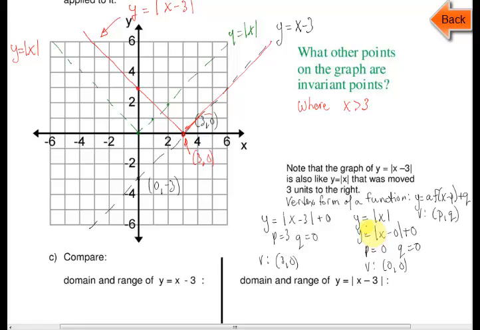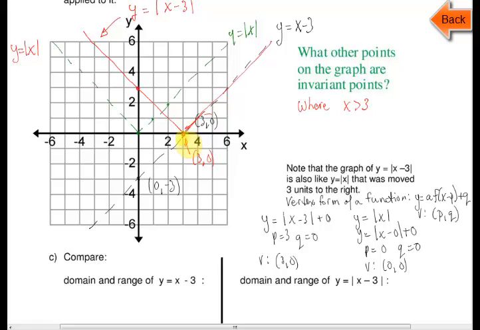Okay, so another way to explain that, if you take a look at the vertex form of a function, y equals a f of x minus p plus q, where the vertex is p and q, and we take a look at our absolute value function, y equals the absolute value of x minus 3, I can put plus 0 for my plus q. That gives me a value of 3 for p and 0 for q, so my vertex is at 3, 0.